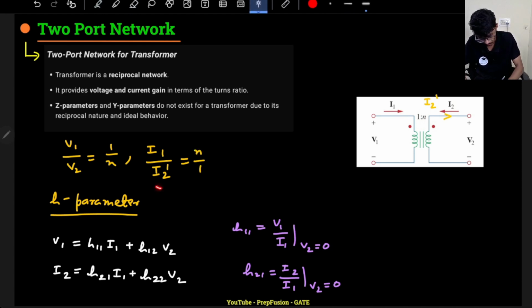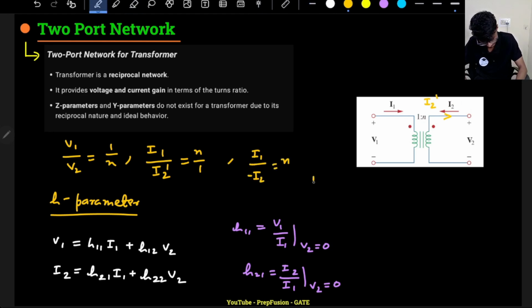But of course my I2 dash equals minus I2, because I2 dash is in this direction and I2 is in this direction, so both are opposite. So I1 over minus I2 equals n, or I1 divided by I2 equals minus n.